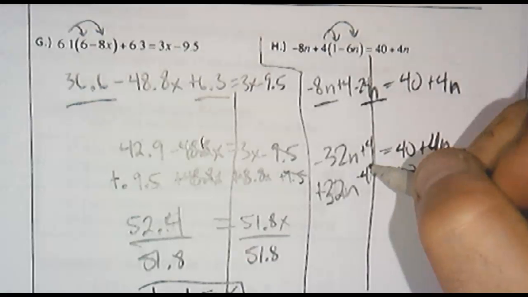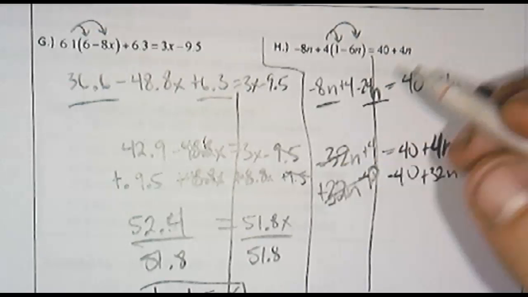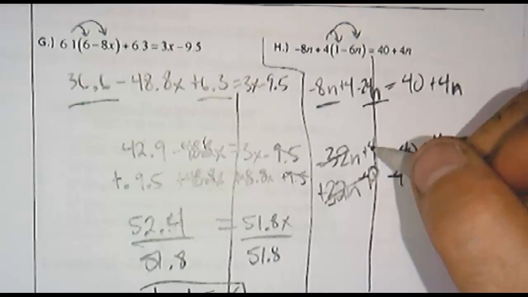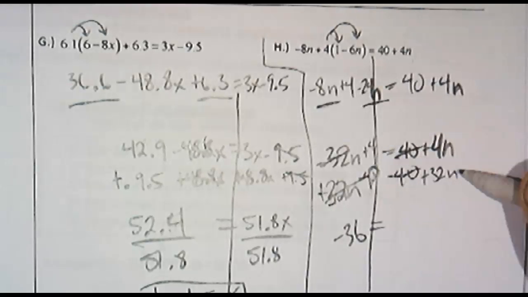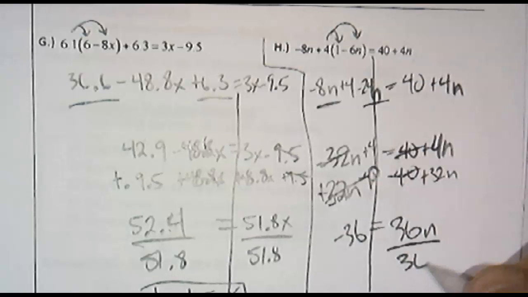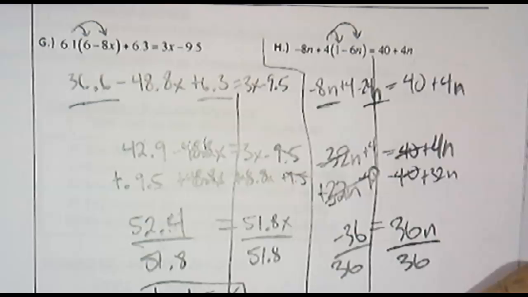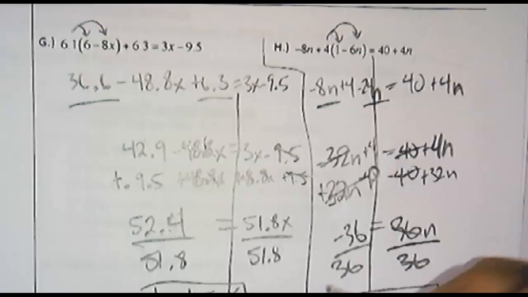So subtract 40, both sides. This negative 32n cancels out. 4 minus 40 is negative 36. 40 cancels. 4 plus 32 is 36. And last step, divide by 36. Negative 36 divided by 36 is negative 1. So n equals negative 1.